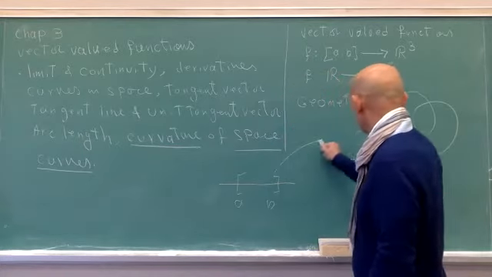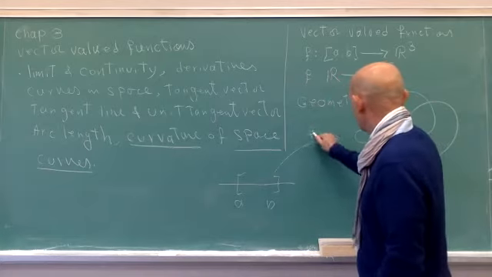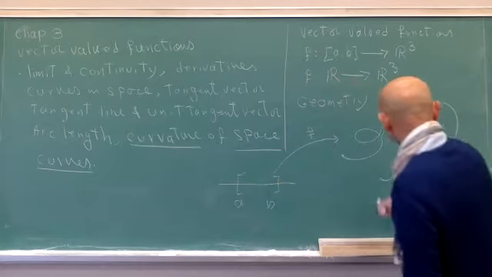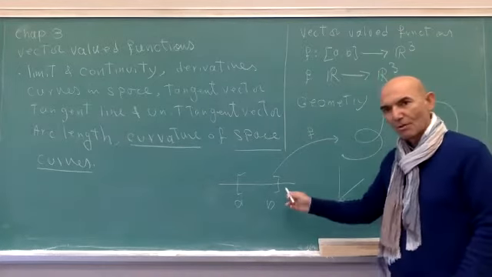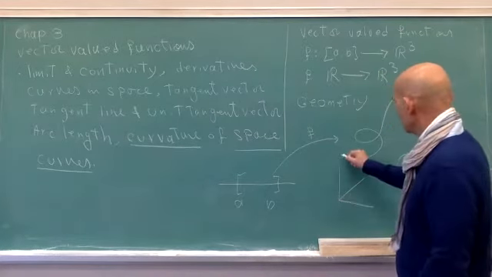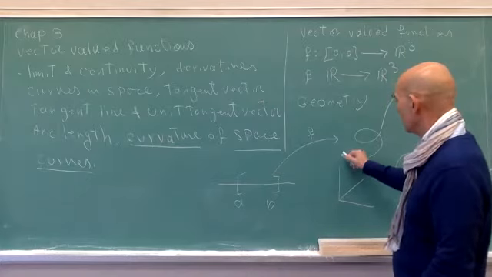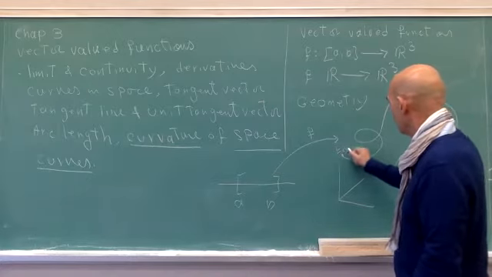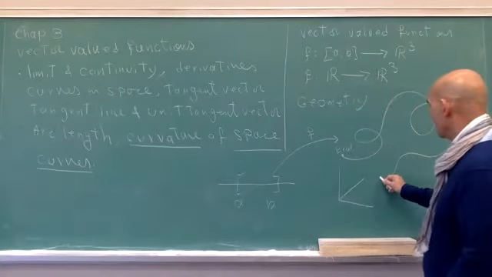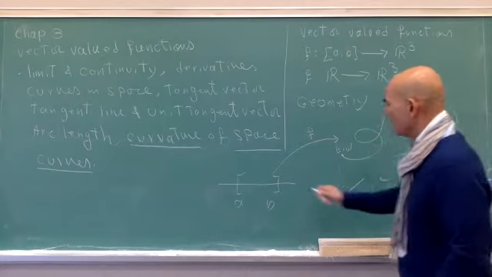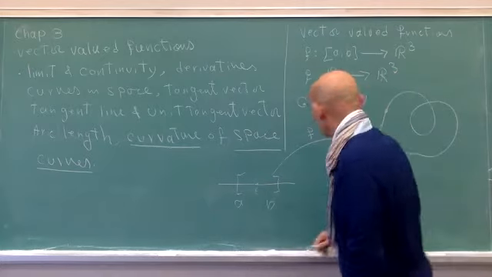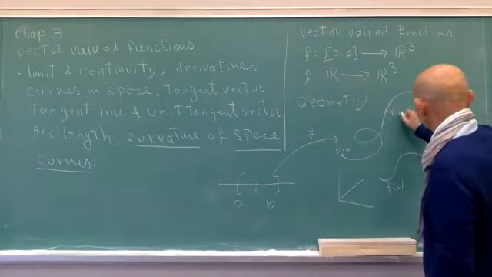And then we have this function f that takes you from here into the three-dimensional space, right? One-dimensional space to three-dimensional space. So this point, for example, is the initial point, f of a. And this point is the final point, f of b. And anywhere in between, if this is t, this is f of t.